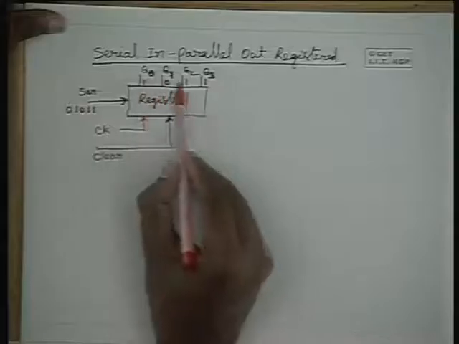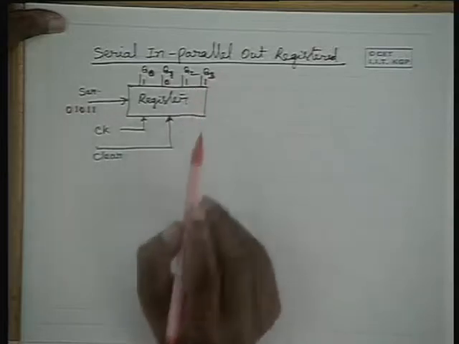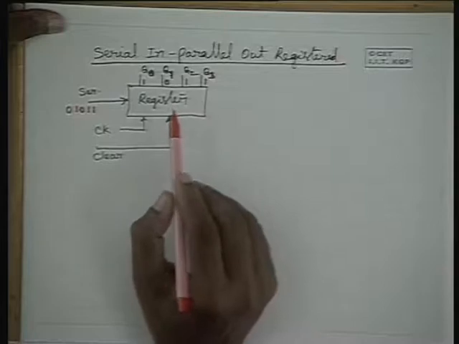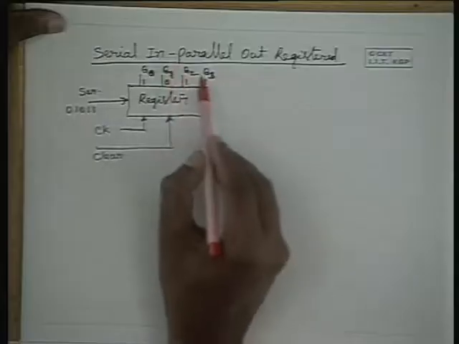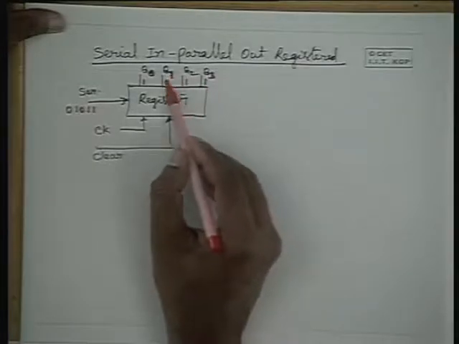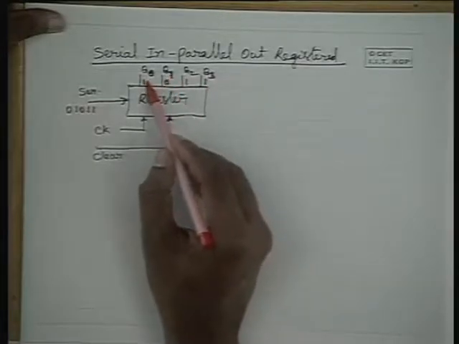Now, using an external circuit, you can read this parallel output. You can sense at a single time instant, or after the 4th clock pulse is applied, during the next clock pulse instance, you can sample this. If you sample this, you will get 1, and if you sample this, you will get 0, and if you sample this, you will get 1.